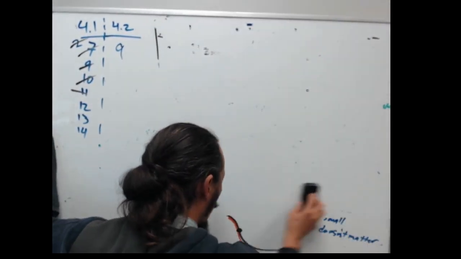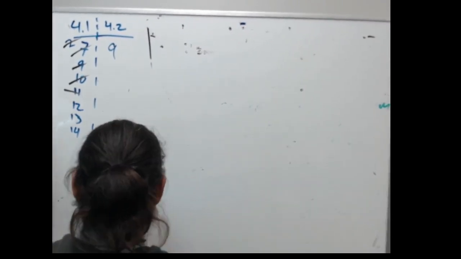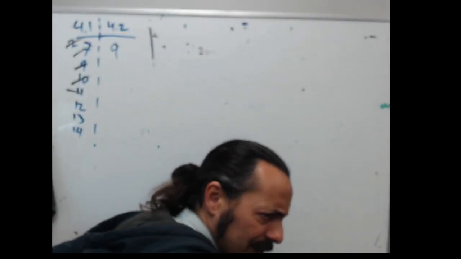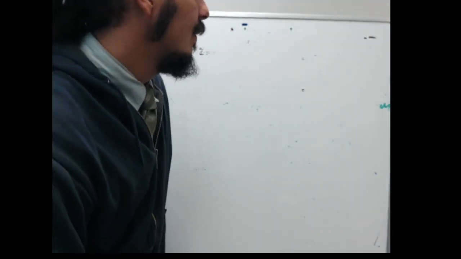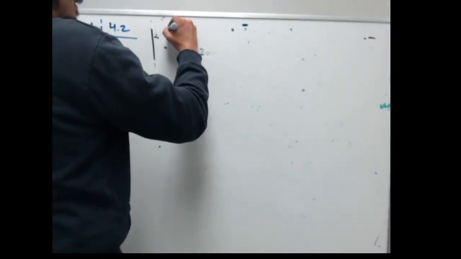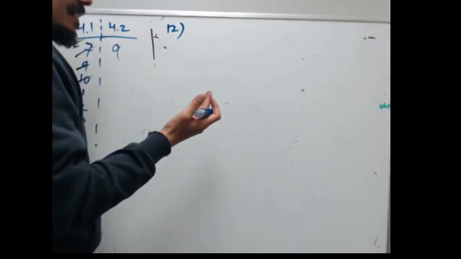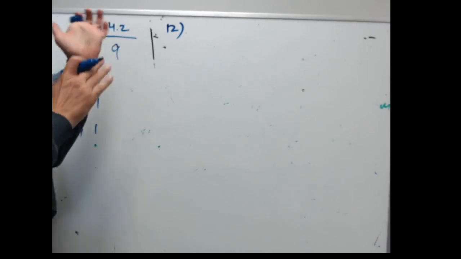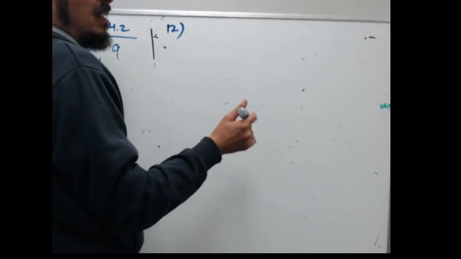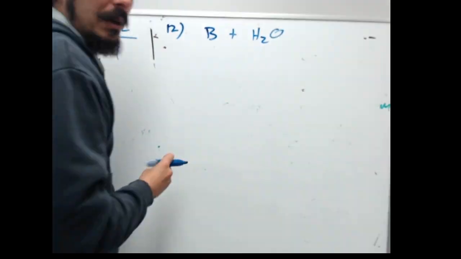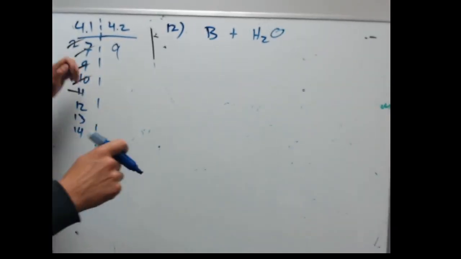Okay, so we go on and we say, okay, let's look at number, did I say 12? Yeah. So number 12, I'm just going to call it a base B. That's where I'm going to shortcut my morphine thing. I know it's a base in water.